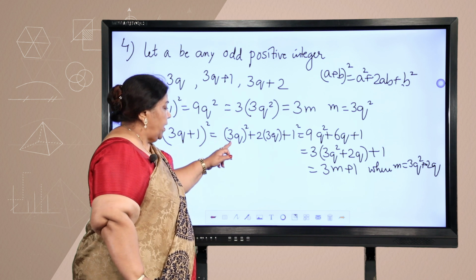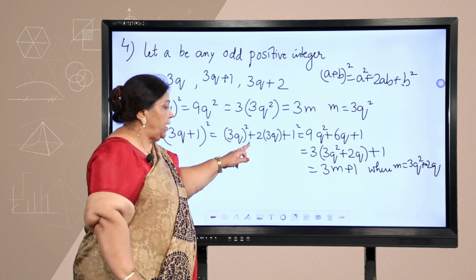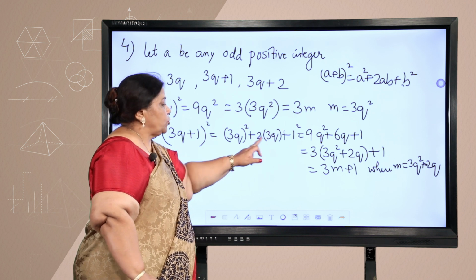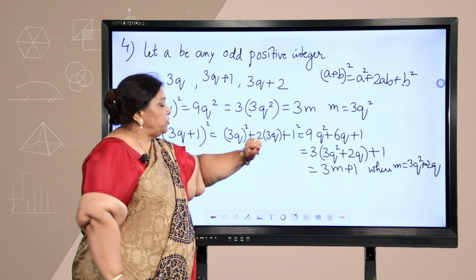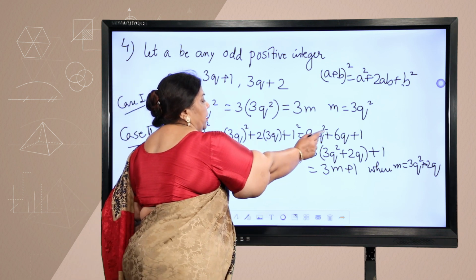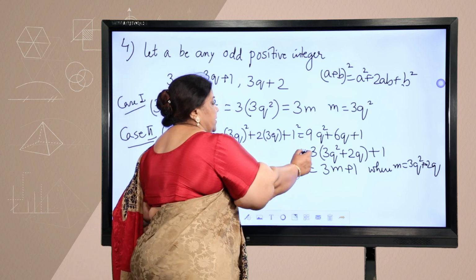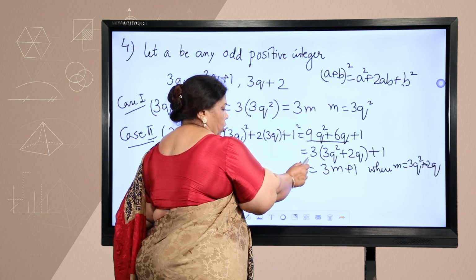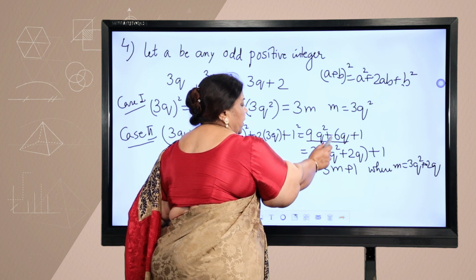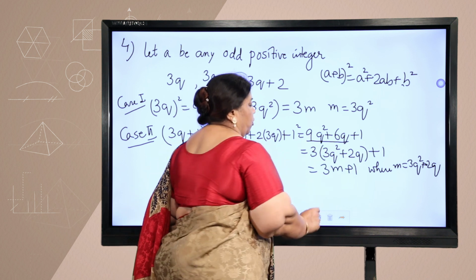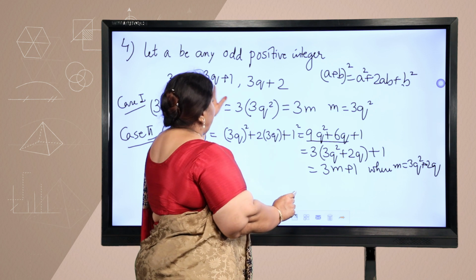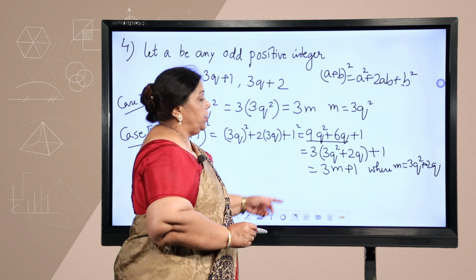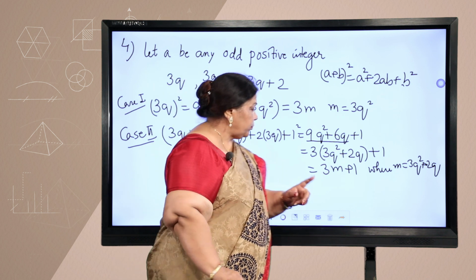I get (3q) whole square plus 2ab, 2 into 3q into 1, plus b square, that is 1 square, which gives me 9q square plus 6q plus 1. And I see that 3 is common in these two terms. I can take 3 common and I get 3q square plus 2q, plus 1, because I have to show that I can write it in the form 3m plus 1, where m is equal to 3q square plus 2q.